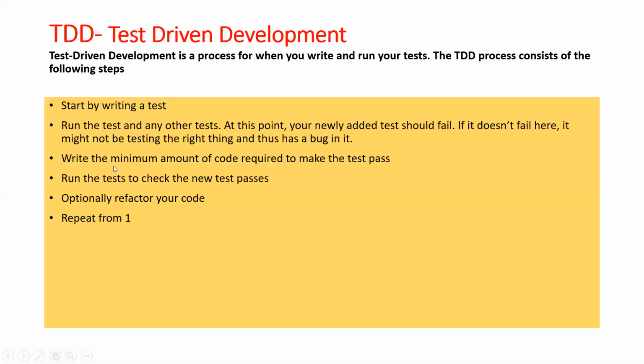After that you run and see that the new test passes. Optionally refactor your code. If you want to rewrite code, that is optional. Otherwise you refactor so that your test case definitely passes. Repeat from 1. This is how test driven development happens. So it starts from writing the test case, not from the development.